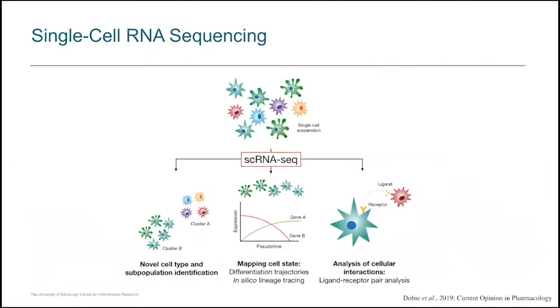To enable the identification of new antifibrotic therapies, there first needs to be a strong understanding of the cellular and molecular mechanisms that drive the condition. To address this, our lab uses single-cell RNA sequencing to interrogate individual cell populations at unprecedented resolution.